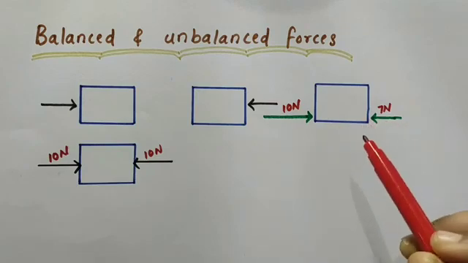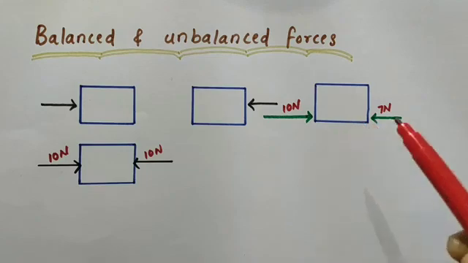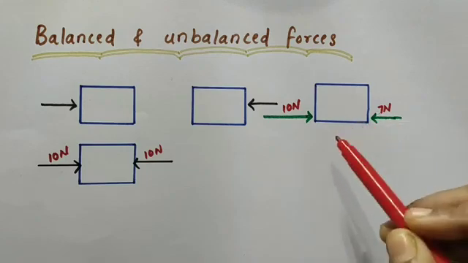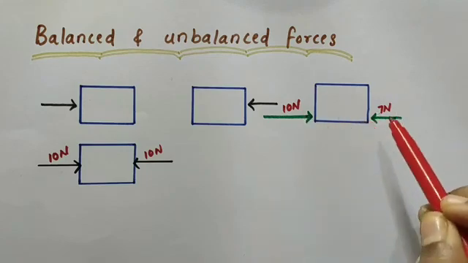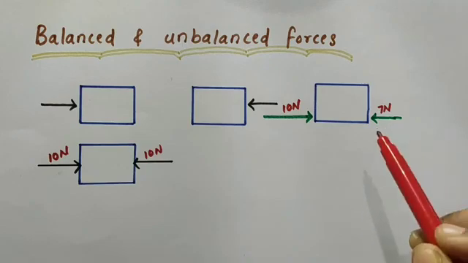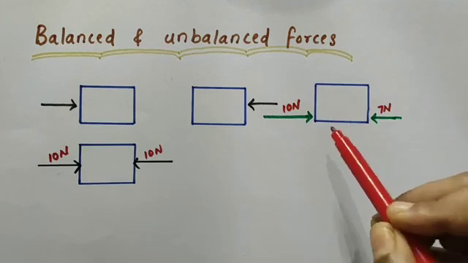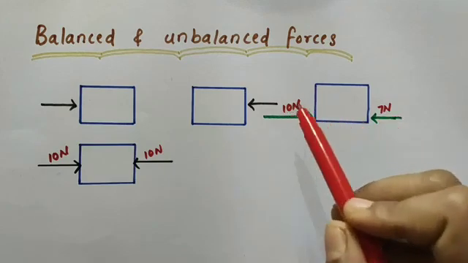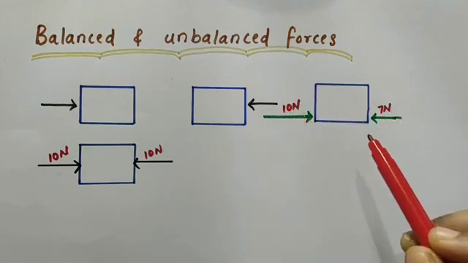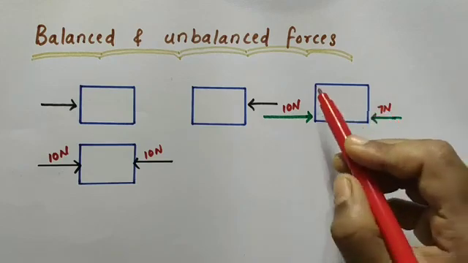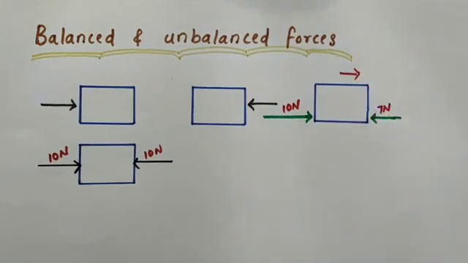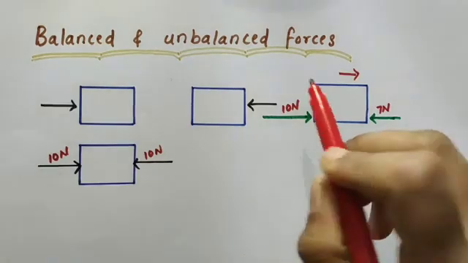So in which direction would this box move? The box would move to the right, no? That is, the box would move in the direction of the greater force. 10 Newton is greater than 7 Newton, so the box would move to the right. The net force acting on this box will be to the right.